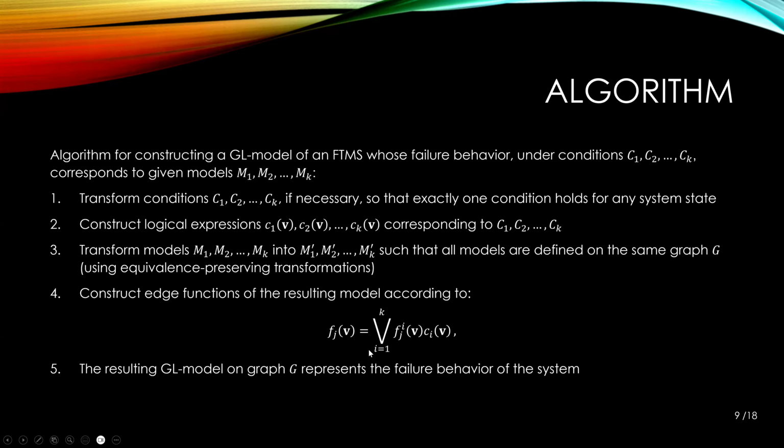This one is the same expression that was used in the approach for cycle graphs combination. And as a result, the obtained GL model defined on that graph G, obtained by these transformations, represents the failure behavior of the system under all specified conditions.